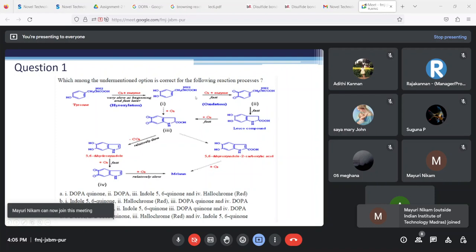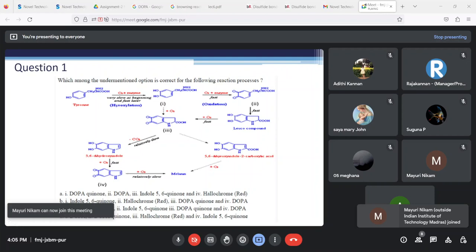So the first compound that you need to identify is this. The second compound that you need to identify is this particular molecule that also is formed upon oxidation of the first product. The third product is formed from the oxidation of the first product, and finally you see that there's a fourth product that is forming and then that contributes to the formation of melanin.